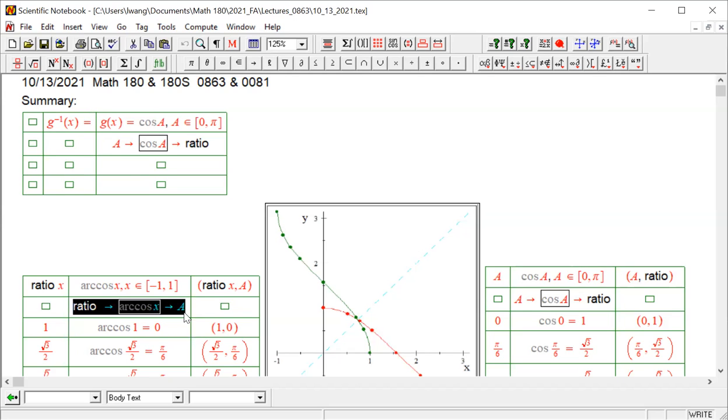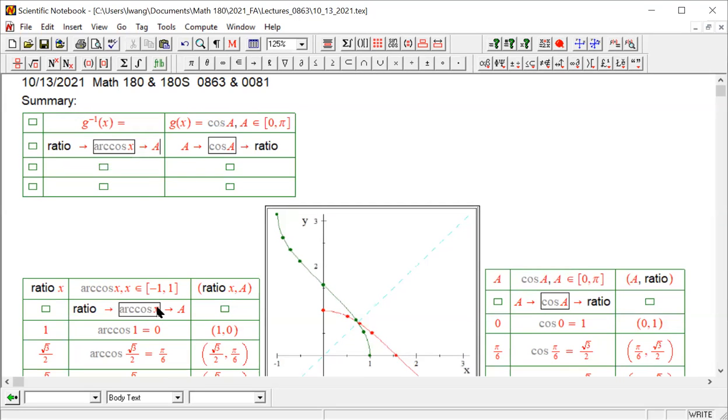And the inverse function, which we call ArcCosine or cosine inverse, takes a ratio to produce an angle.